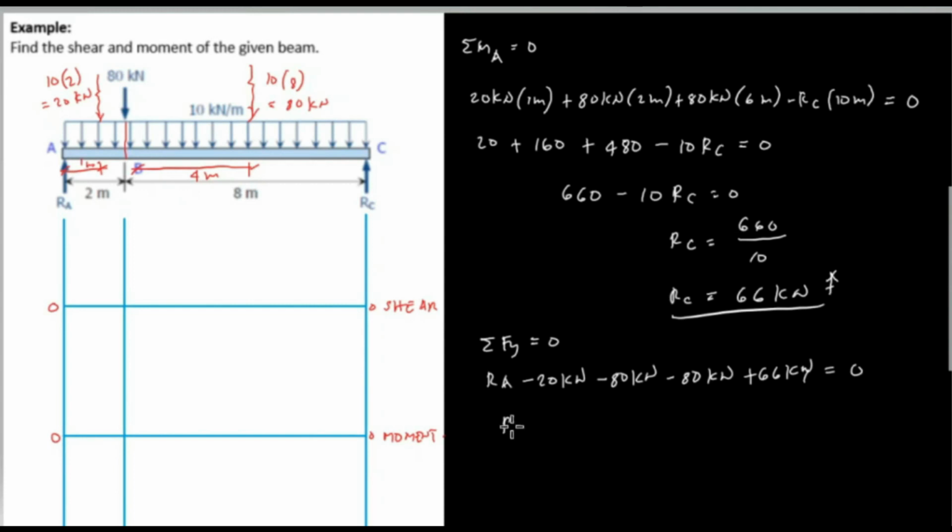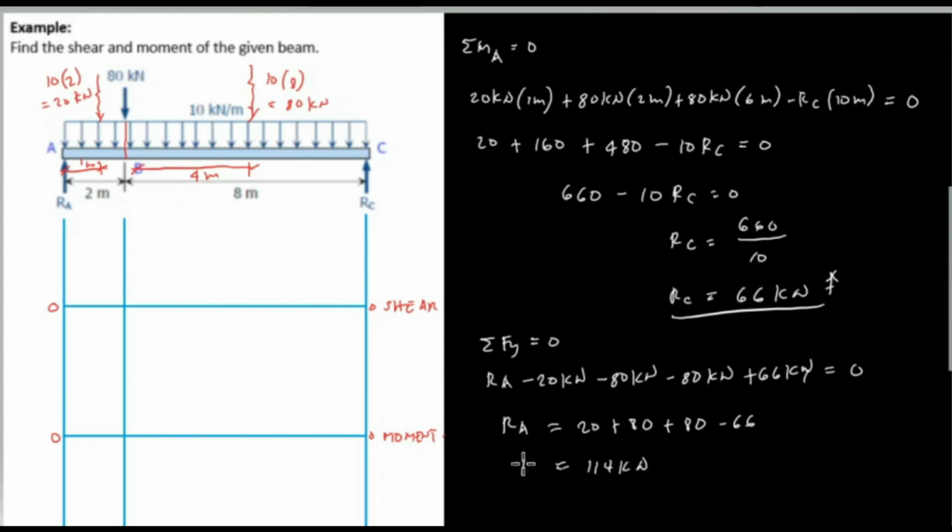So we have RA, and change that to 20 plus 80 plus 80 minus 66. So 20 plus 80 is 100, plus 80 is 180, minus 66, and the value for RA is equal to 114 kilonewtons.